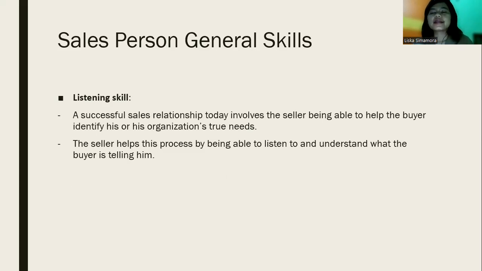So next, we are going to learn about salesperson general skills. If you want to be a salesperson for your own product or another company's product, you have to have these skills. First, you have to have listening skills.